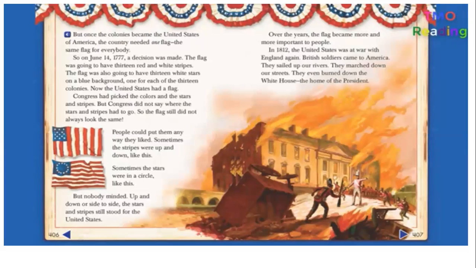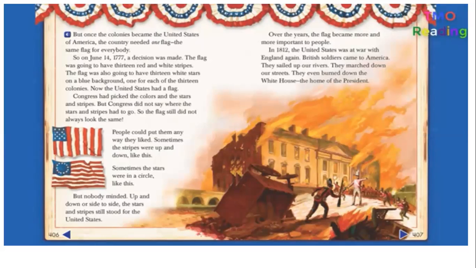So on June 14th, 1777, a decision was made. The flag was going to have 13 red and white stripes. The flag was also going to have 13 white stars on a blue background, one for each of the 13 colonies. Now the United States had a flag.